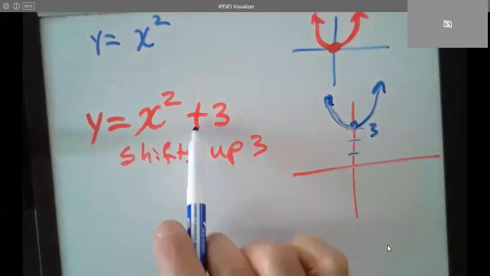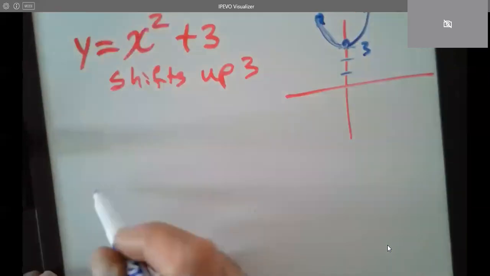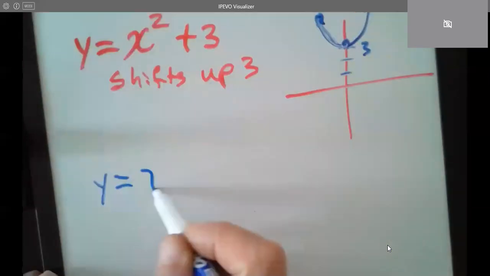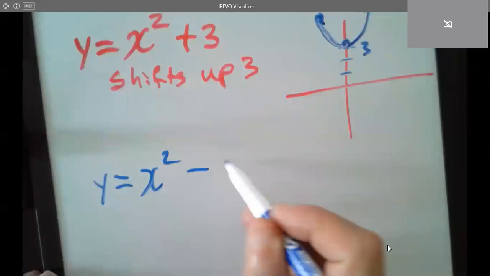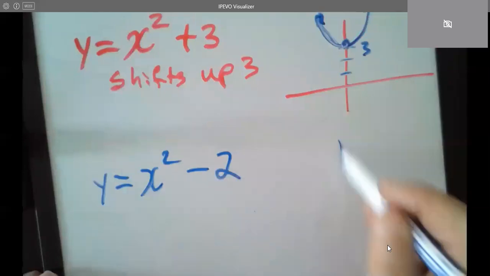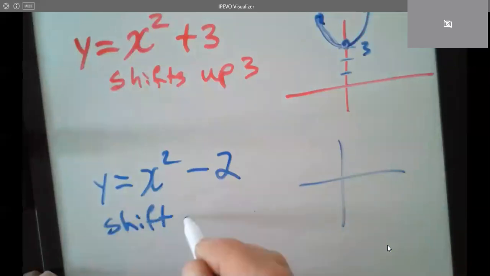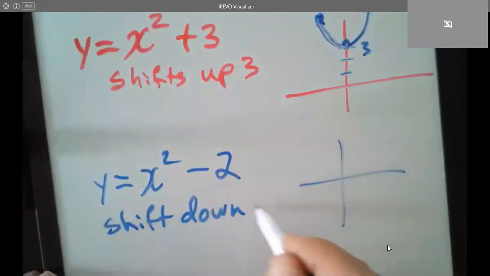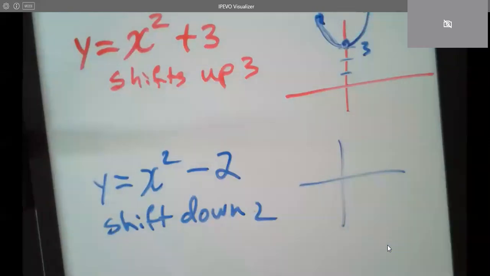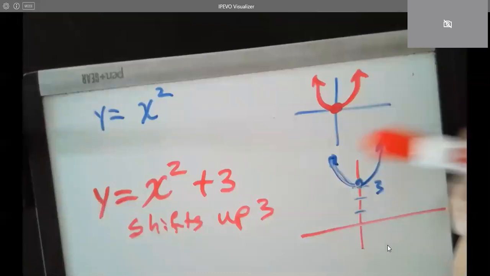So in these transformations, when you have x squared plus 3, it shifts it up. So if we had y equals x squared minus a number like 2, now that's going to shift down 2 spaces. So now we start with the parent graph with a vertex at 0, and it shifts down 2.